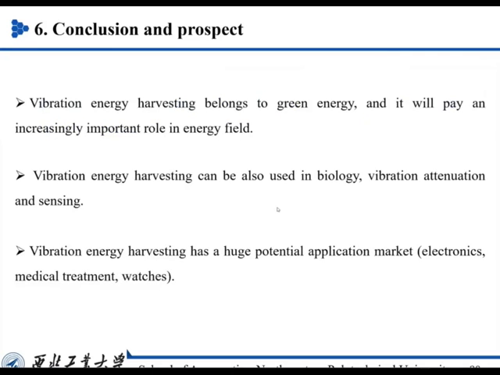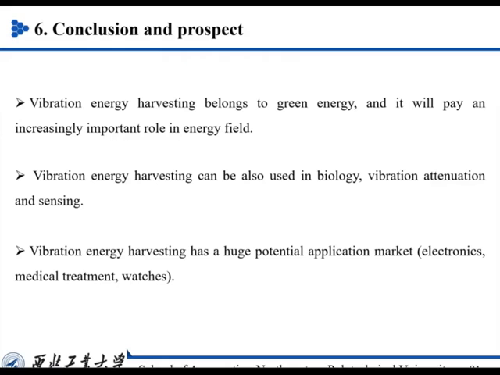In my opinion, vibration energy harvesting has great application potential. Vibration energy harvesting belongs to green energy, and it will play an increasingly important role in the energy field, especially in the micro energy field.